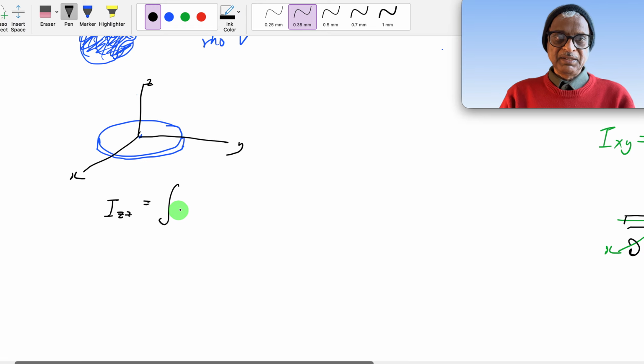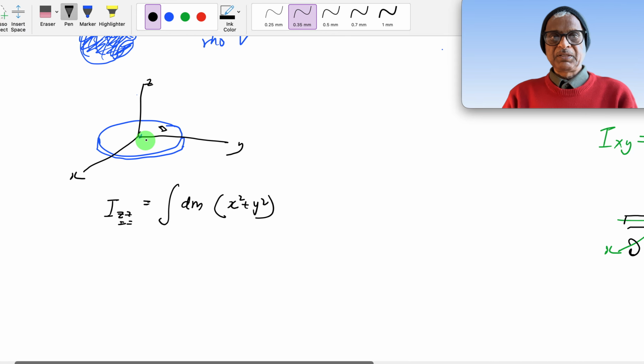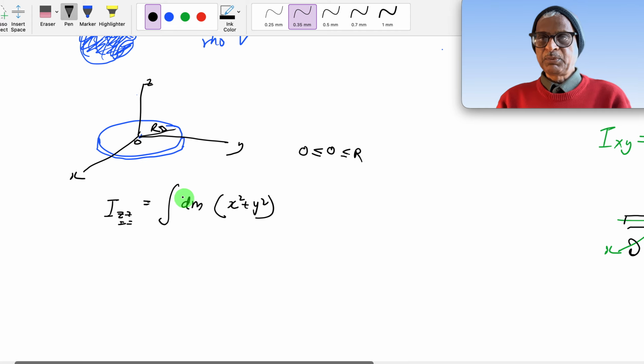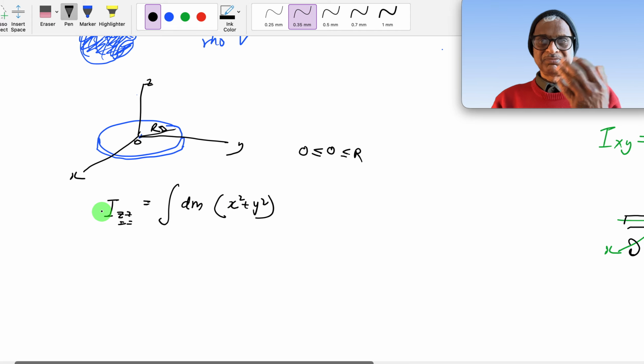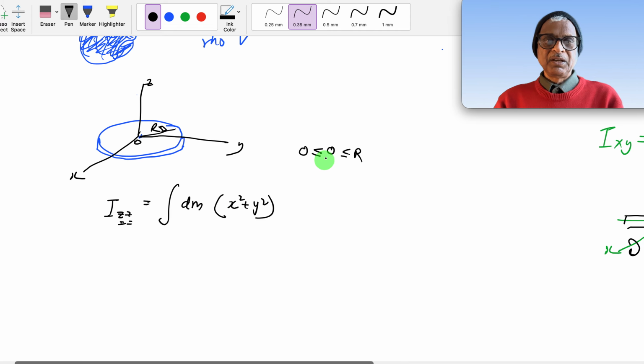This will simply be the integral of dm, and because this is diagonal, what goes in is x square plus y square. So basically we're looking at some small element dm. If we want to integrate, the limit is going to be along the radial, r from 0 to r, because integrating in x and y variables is unnecessarily complicated, and theta will go all the way to 2 pi.